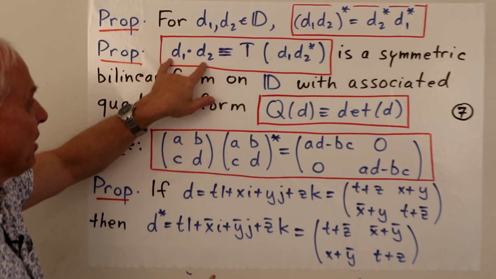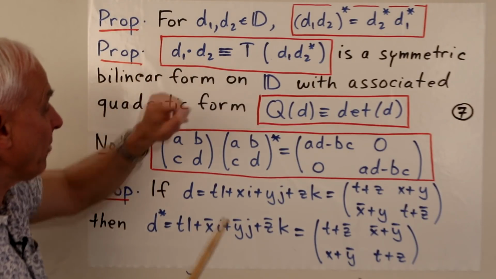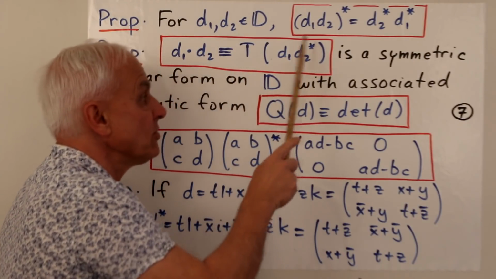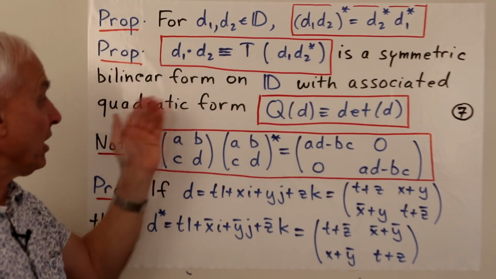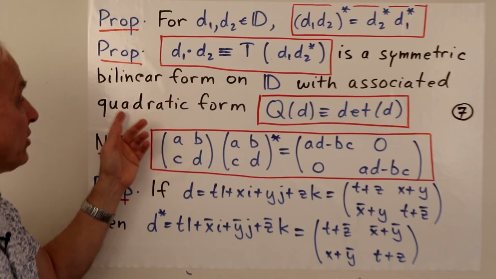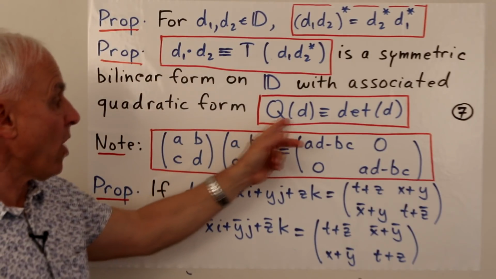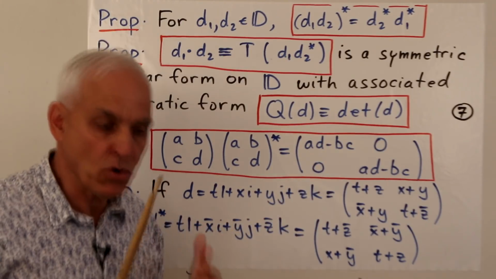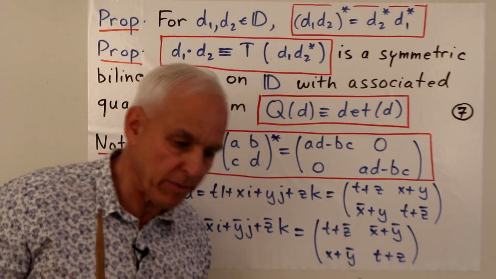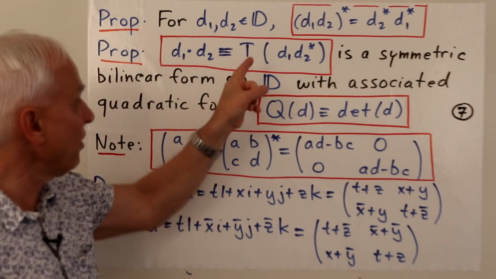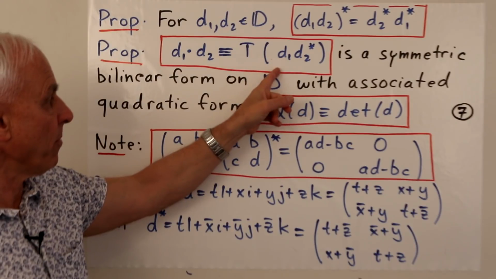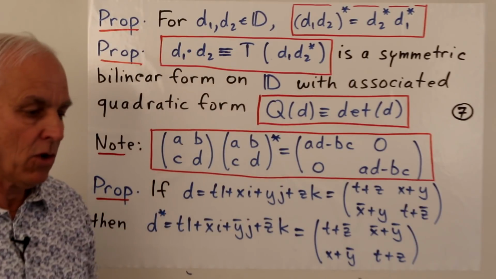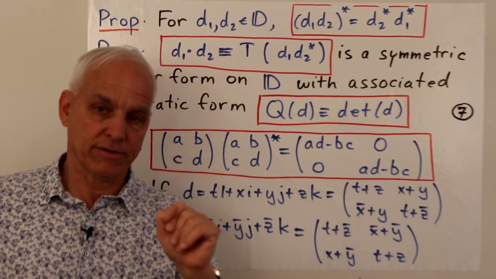The symmetric bilinear form D1 dot D2 is by definition T, the half trace of D1 times D2 star. That is a symmetric bilinear form on the dihedrons with associated quadratic form, our quadrance form, which is the determinant. So the associated symmetric bilinear form to the determinant in the 2x2 case is the half trace of D1 times D2 star, where star is the adjugate.